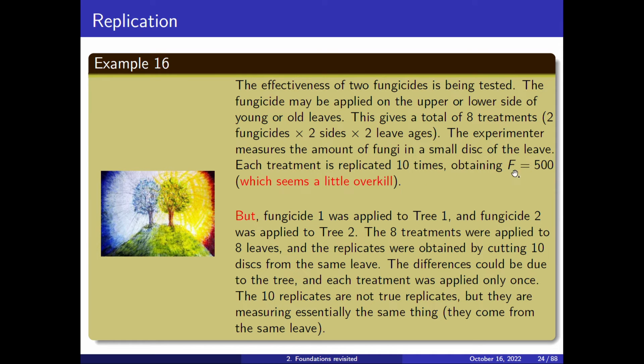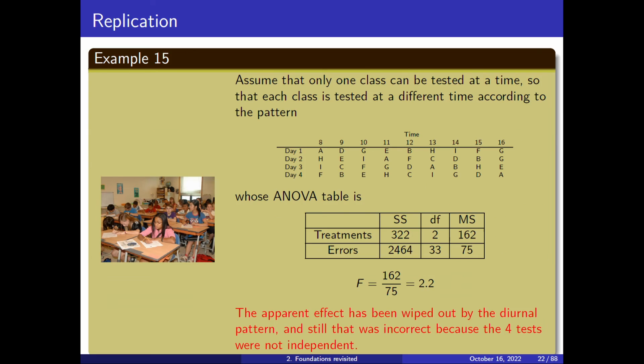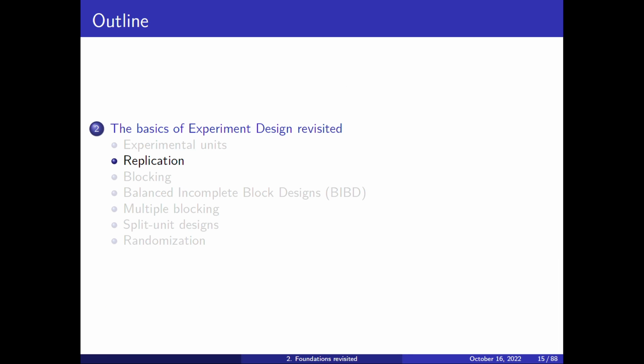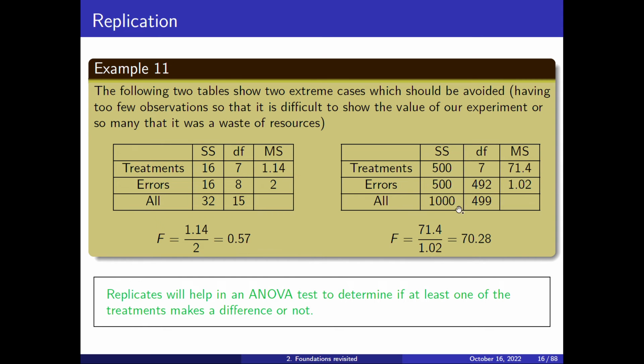So you have an F of 500. An F of 500 is a little overkill. So we are in the same situation as we were in here, where we have way too many samples for what we want to detect.